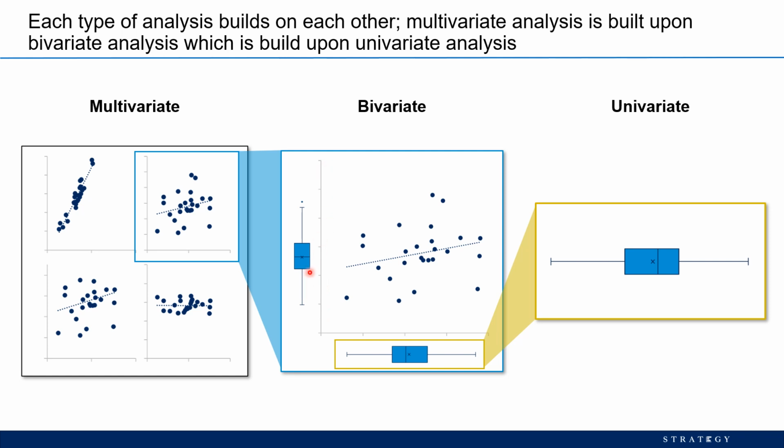And in multivariate analysis, I am looking at the spread of this variable and the spread of this variable as compared to the spread of this variable versus this variable, and so forth. So each one builds upon the other, and they are all comprised of one another.